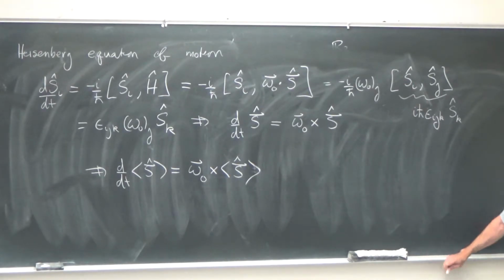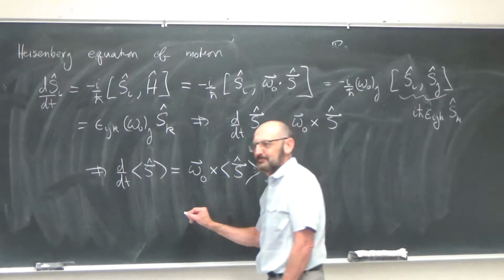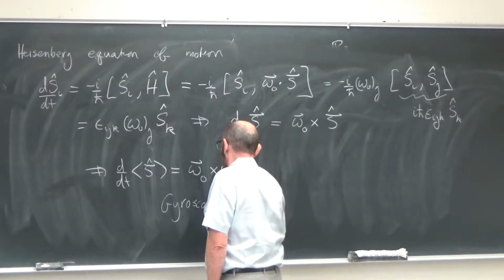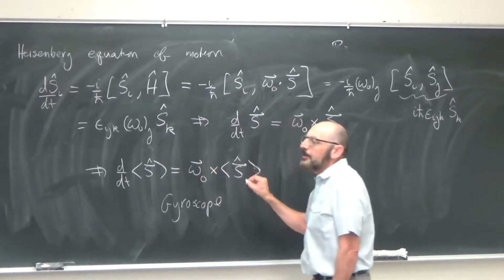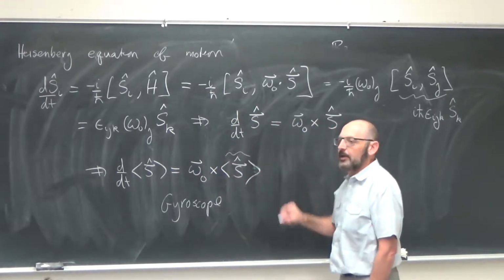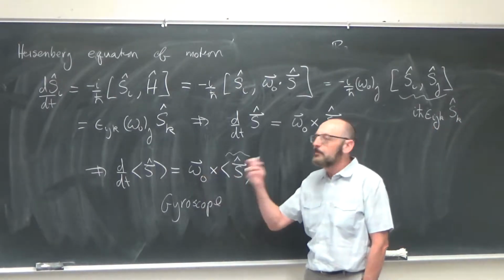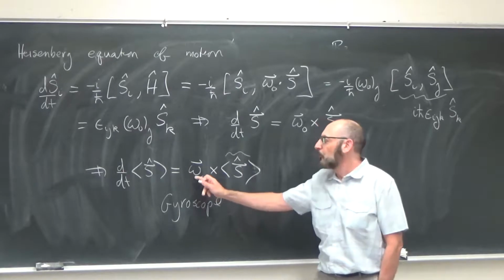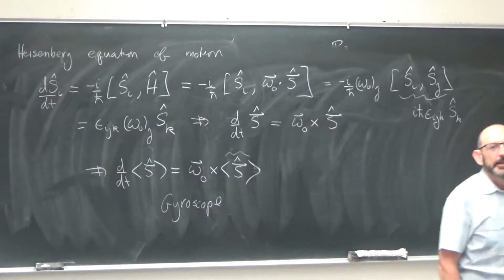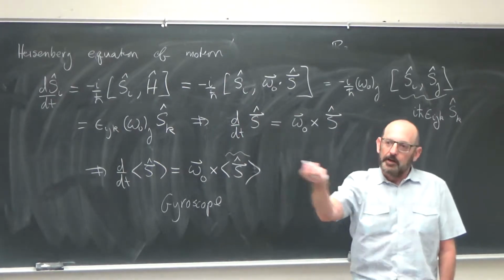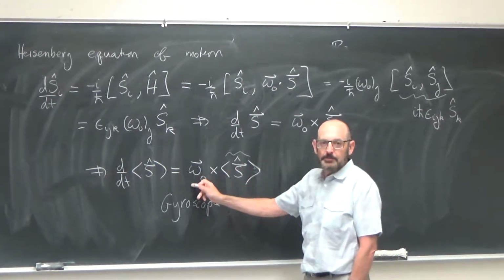That is the equation of a gyroscope. That is, a vector S, the expectation value of S, some vector, will evolve as a function of time by precessing around the axis that is defined by this vector, with an angular velocity given by the magnitude of that.